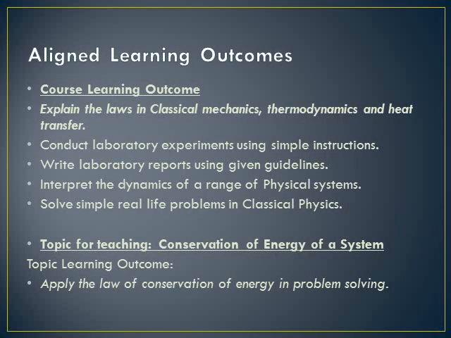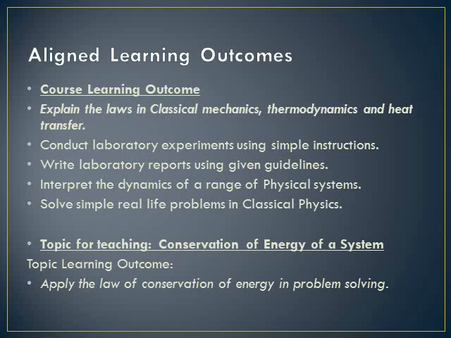Looking at the aligned learning outcomes, the course learning outcomes are given here. The first course learning outcome is to explain the laws of classical mechanics, thermodynamics, and heat transfer.